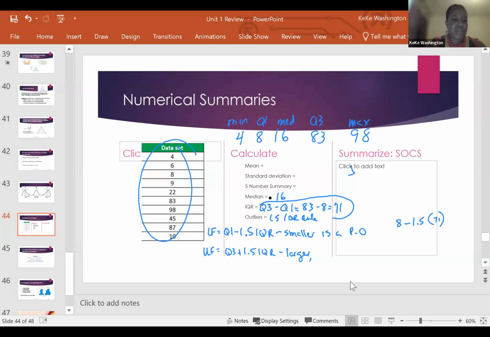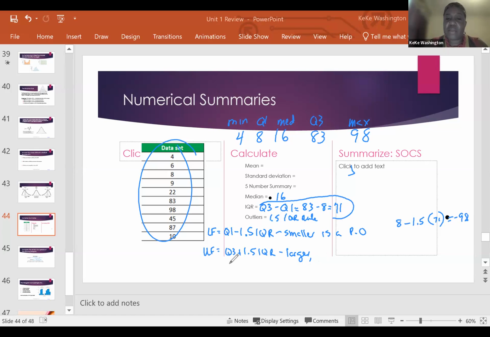Let me do that calculation quickly. That's going to give us a negative 98. We don't have any negative data values in our data set. Therefore, we do not have any extremely small outliers.